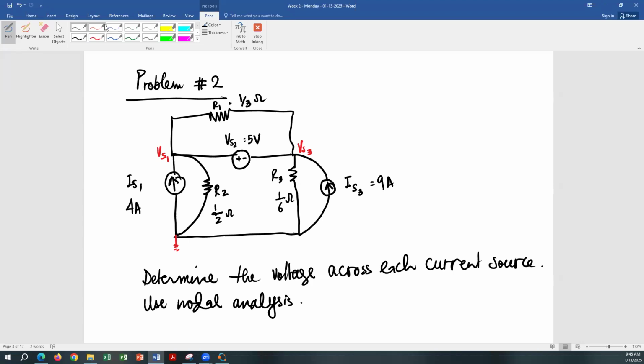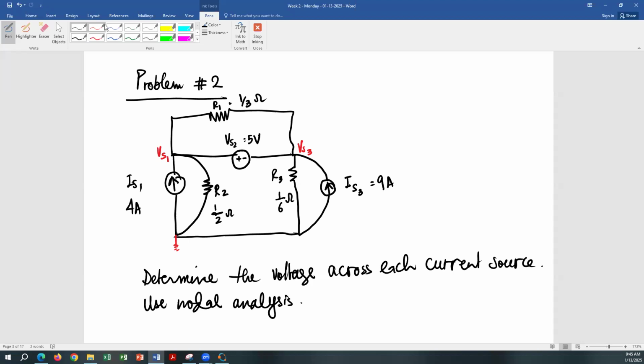So that's going to be an unknown quantity for us. So that's if you're not applying supernode. If you apply supernode, then you can eliminate basically that node and write one equation for the currents going towards VS1 and VS3, and we're going to do that as well if you forget about supernode.